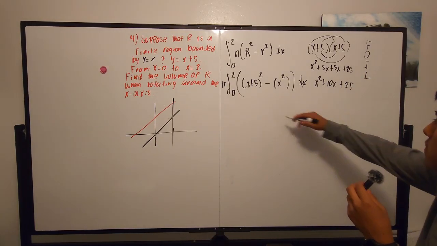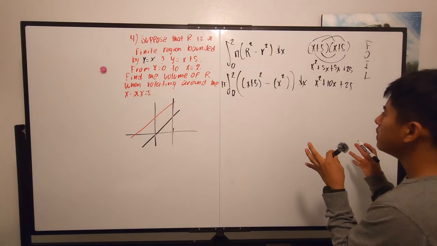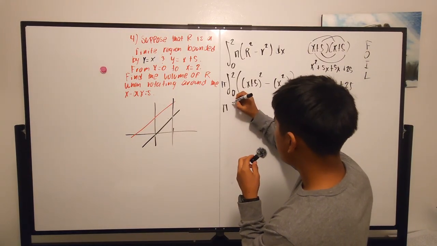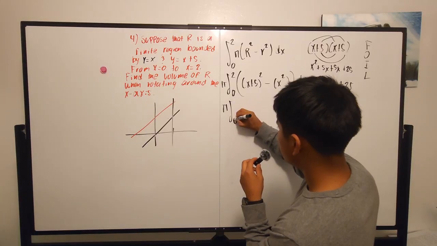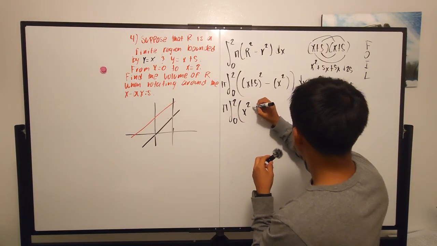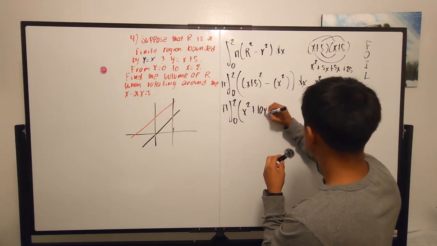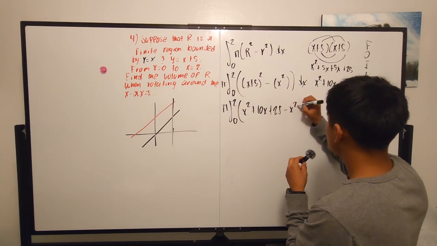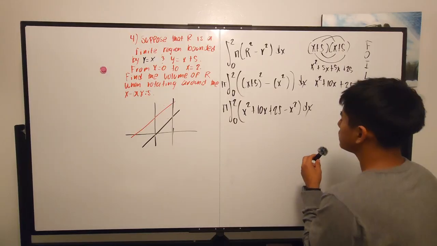Now I'm going to rewrite this over here now that we have it expanded. So now I have pi integral from 0 to 2 of x squared plus 10x plus 25 minus this x squared with respect to x.